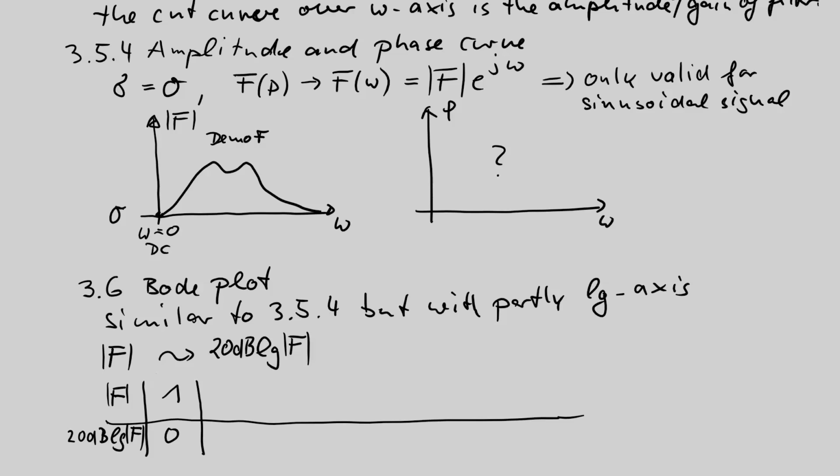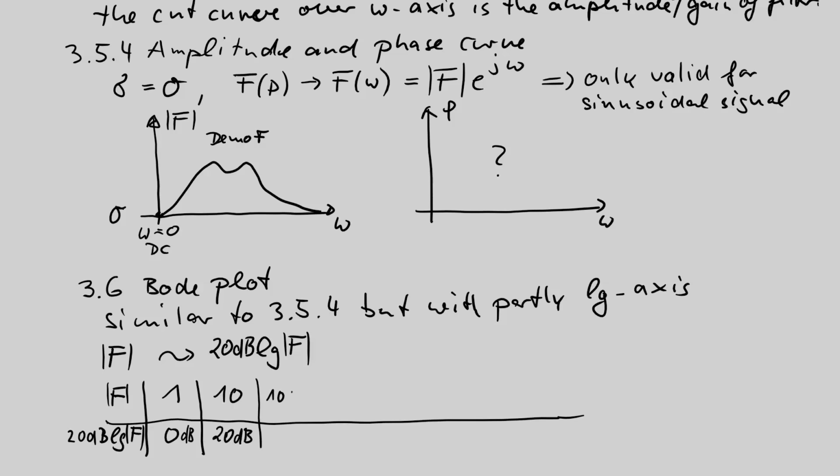Some other values. What happens if we have a gain of 10? If the output is 10 times larger than the input amplitude, then the logarithmic value to the base 10 is 1, times 20 dB is 20 dB. I should note that these are all dB values, otherwise it could be dangerous.